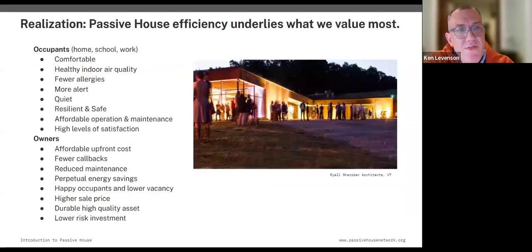And so with this, like my townhouse in Brooklyn Heights, there's a realization that, yeah, Passive House is about energy efficiency, and we want to be really energy efficient. But the energy efficiency is not a sacrifice, right? Energy efficiency is actually what's underlying those fundamental things that we value the most.